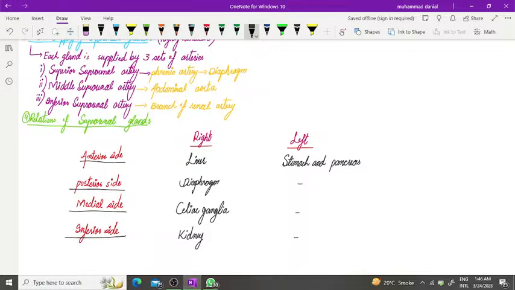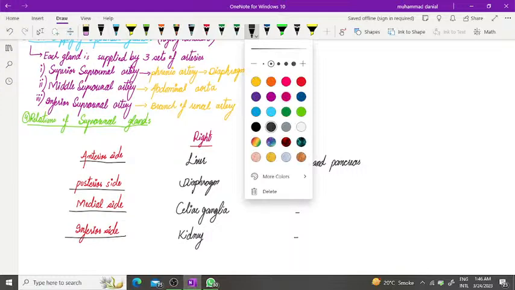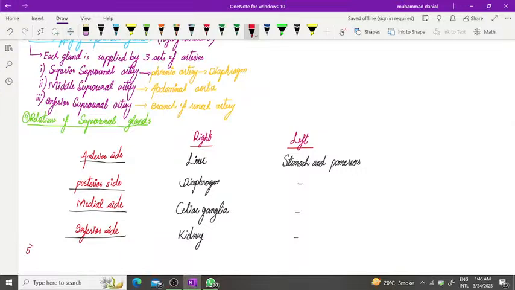Now, the next heading is the nerve supply to the adrenal, suprarenal gland. Nerve supply.